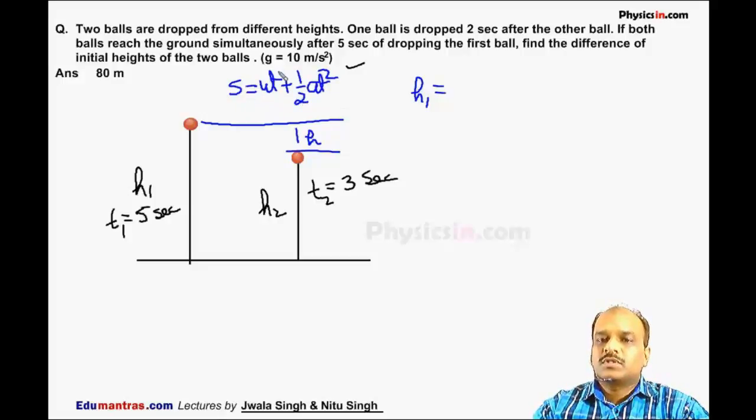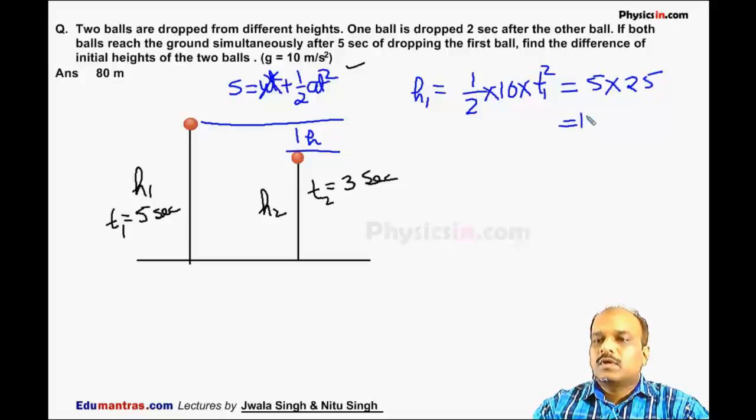Here u is 0, so this term becomes 0. So we get s1, that is h1, equal to 1 by 2 g, that is 10, into t1 square. So it comes out to be 5 into 5 square, that is 25, which is equal to 125 meter.